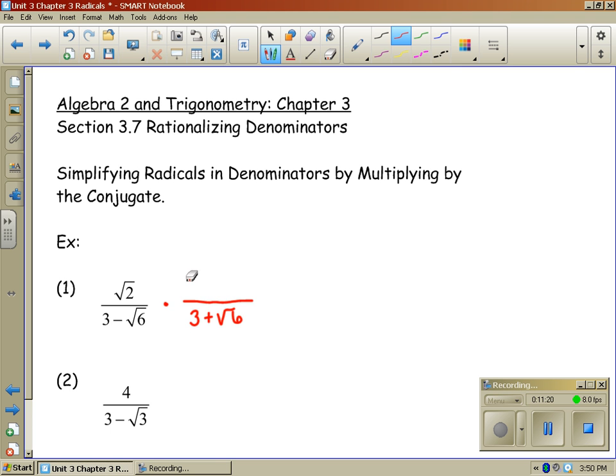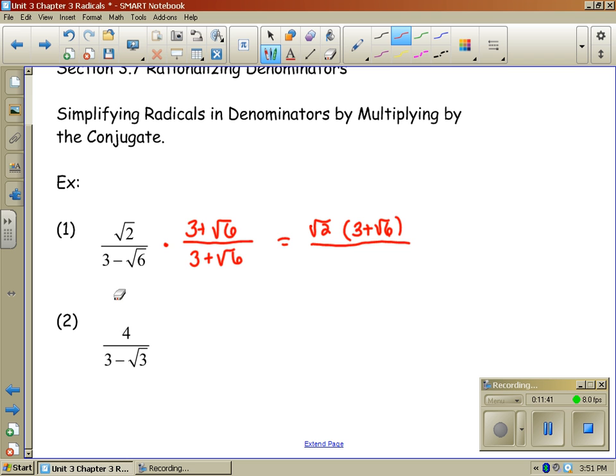Whatever I multiply on the bottom, I also have to multiply on the top. Otherwise, I haven't kept it the same, because now I'm really multiplying by 1. Leave your numerator as is for the moment. Now we're going to multiply the denominators together.